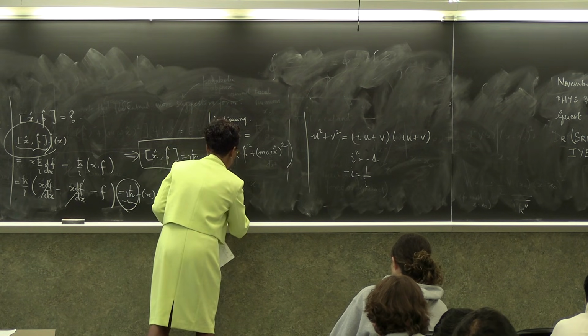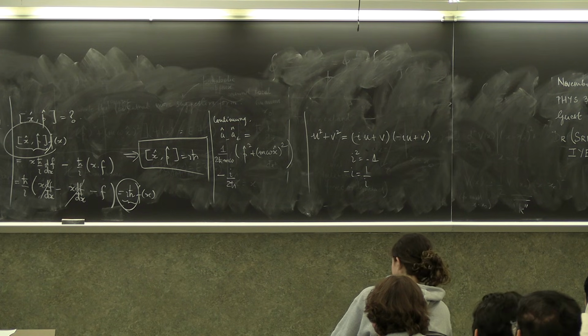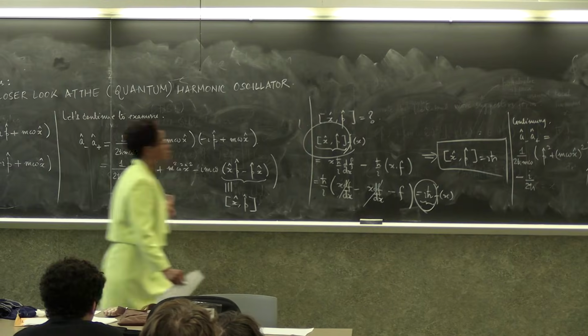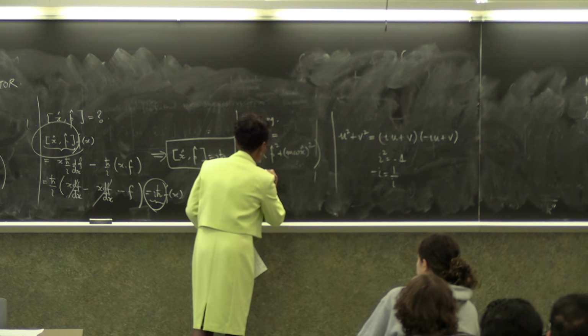Minus i by 2 h bar. Just opening up this bracket, you have a 1 by 2 h bar m omega here and an i m omega here. m omegas cancel off. Minus i by 2 h bar times the commutator of x comma p.